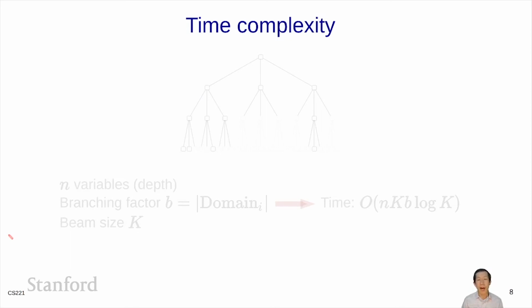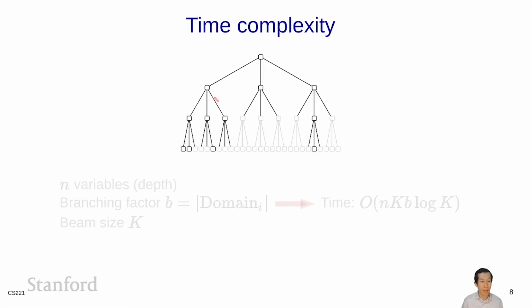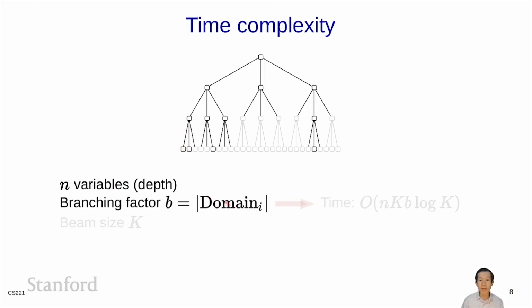Okay, so what is the time complexity of beam search? Because one of the advantages is that it's supposed to be fast. So let's do a simple calculation here. Suppose we have n variables, which is the depth of this tree, and suppose that each of the variables has b elements, which is the branching factor here, and the beam size is k. For each of the variables, each level of this tree, we're going to have a set of candidates of size k.